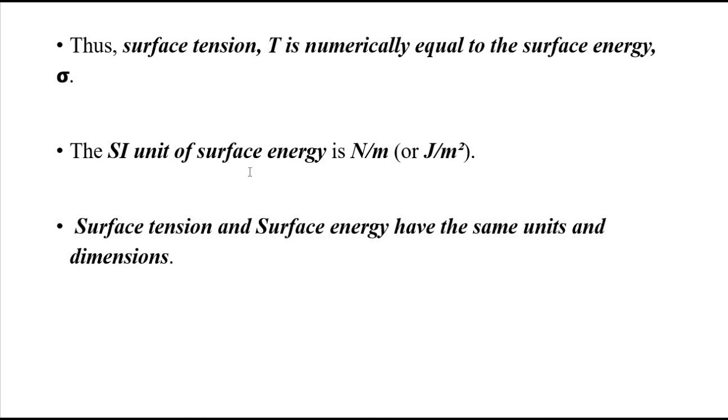Work done divided by area, or simply force per unit length, they are the same units, and they are equal in magnitude, but the direction in which they are applied is opposite. That is the only important thing that you have to understand.